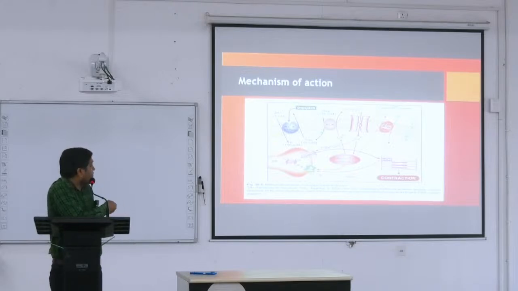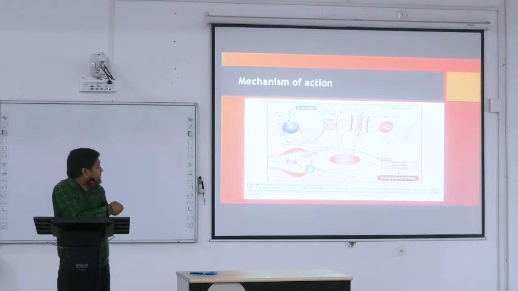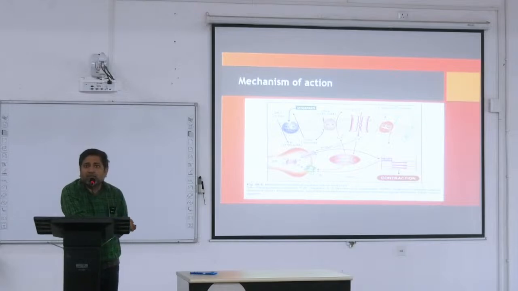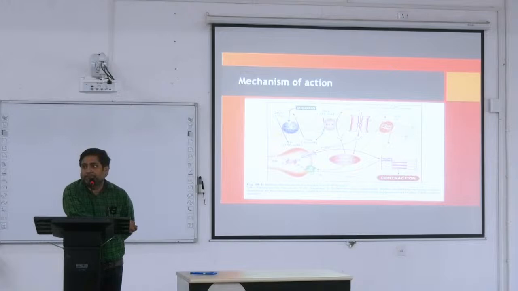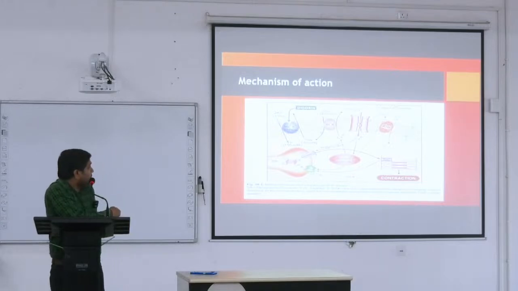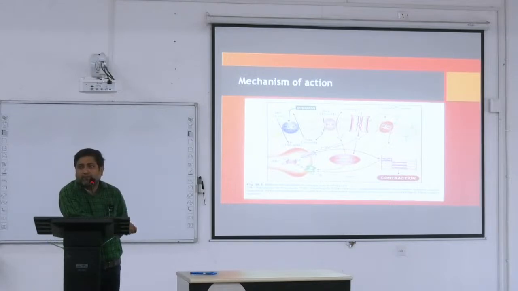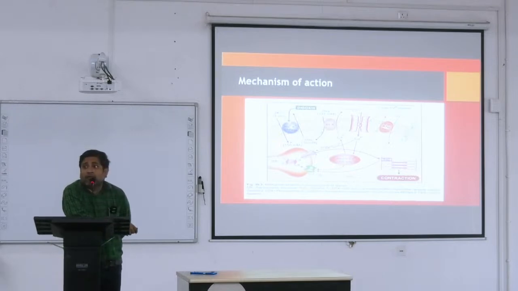Now what happens when this sodium potassium ATPase pump is inhibited? The sodium efflux does not occur, so the cytosolic sodium increases. Now there is a second channel nearby, the sodium calcium exchanger. It causes the influx of sodium against calcium, two molecules against the calcium.